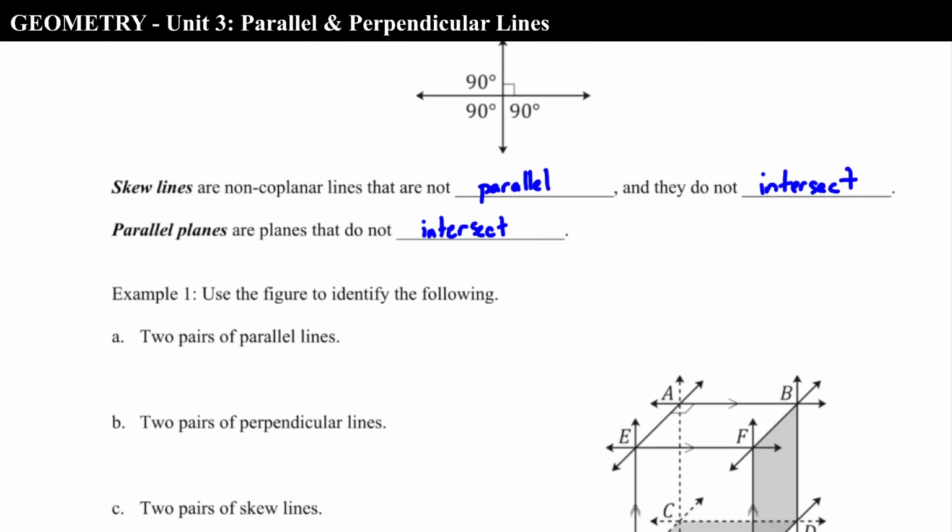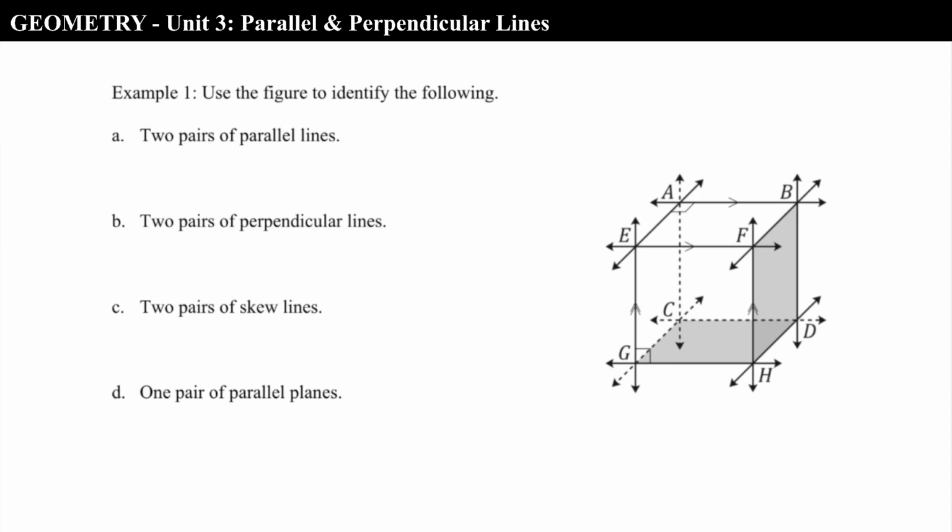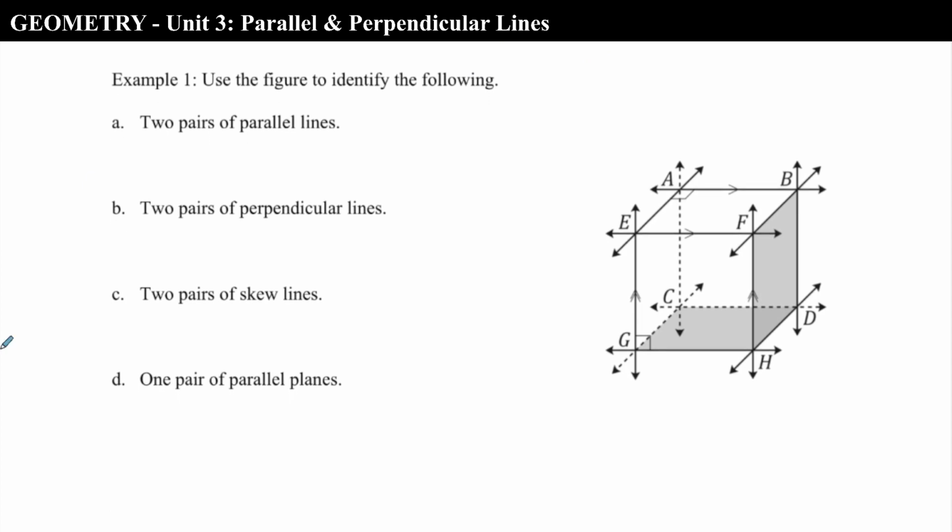So let's take a look at an example. We're going to use the figure to identify the following. First, we're going to identify two pairs of parallel lines. Well, we've got AB and EF. Those are indicated for us. So AB is parallel to EF.